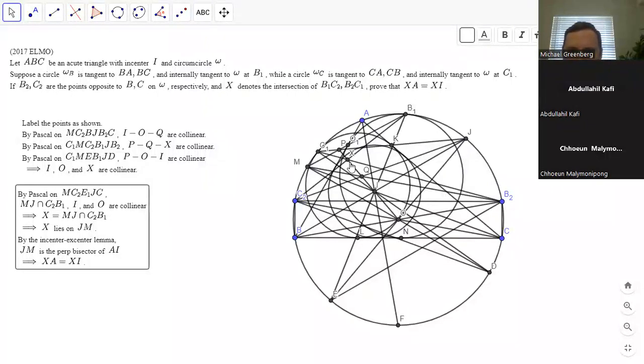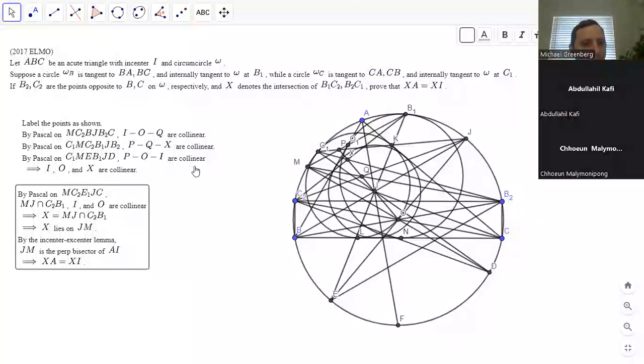So that would be P, X, and Q. And then we have C1, M, E, and B1, J, D. So that would be P, O, and I. Yes. So if you combine all these, that means P, O, I, Q, and X have to be collinear.